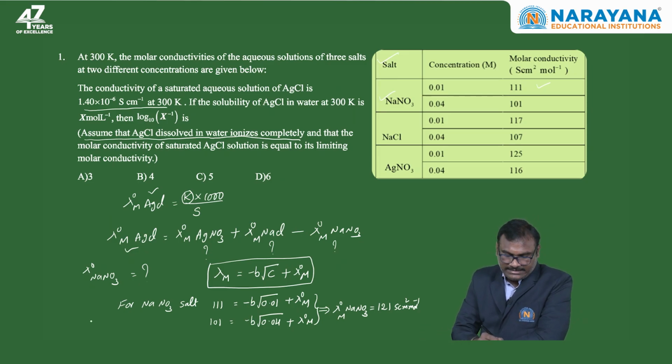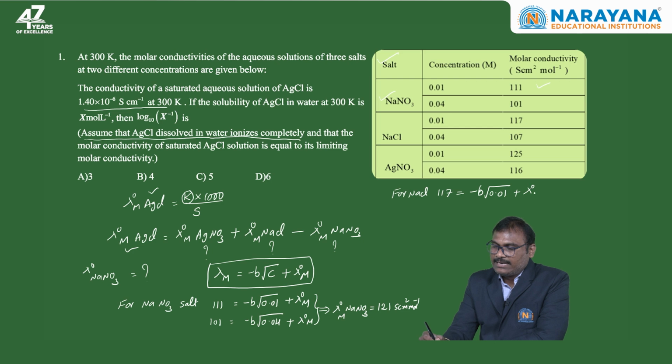Now go for the next, the salt NaCl. The same way we have to use. At 0.01 concentration, the molar conductivity is 117, that is minus b root 0.01 plus lambda naught m.